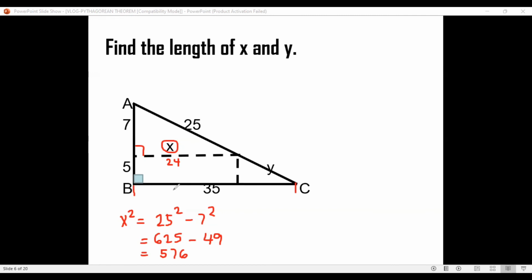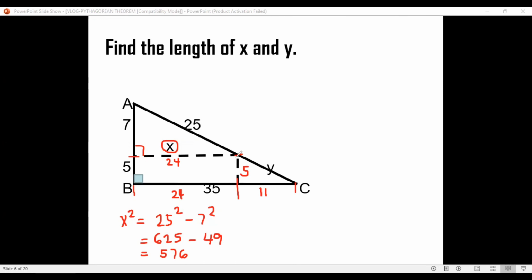Since you already have 24, we are just getting this part, so this will be subtracted from 24. So 35 minus 24, we know now that this side will be equivalent to 11. And this one is directly opposite this side. Therefore, we can say also that this will be equal to 5.